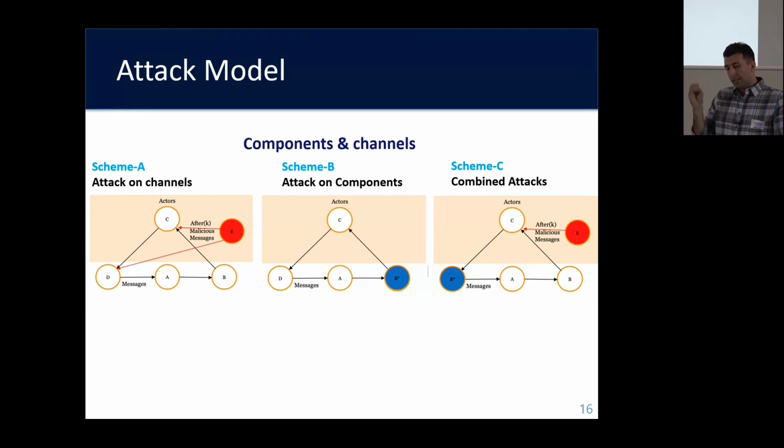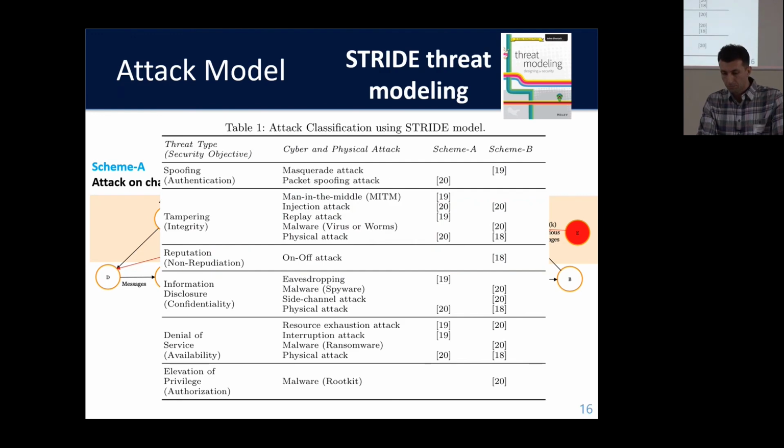And the attack on the components is modeled by developing a compromised version of the safe component that has a malfunction. And the combination of both of these attacks can represent complex attacks, and we involve them in the model to check the system and see the result.